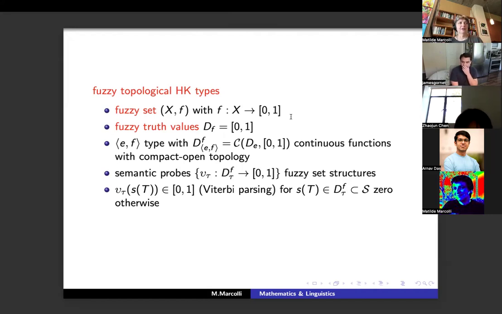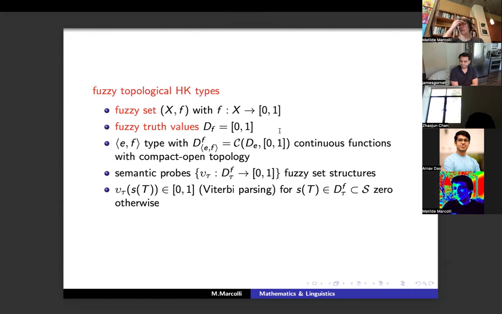If you have a function with values exactly in 0, 1, it's the characteristic function of a certain subset. It just detects belonging to that subset or not in a 0, 1 way. But here you allow for degrees of belonging.